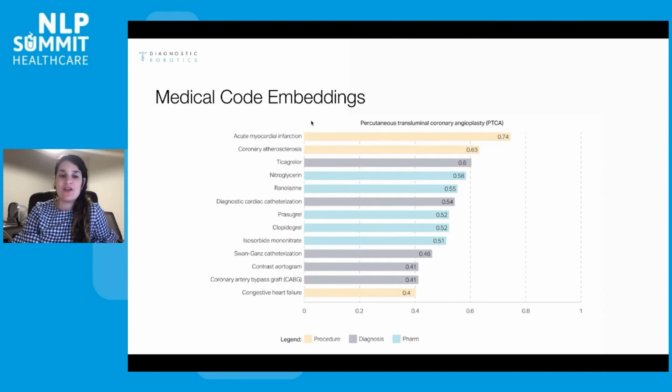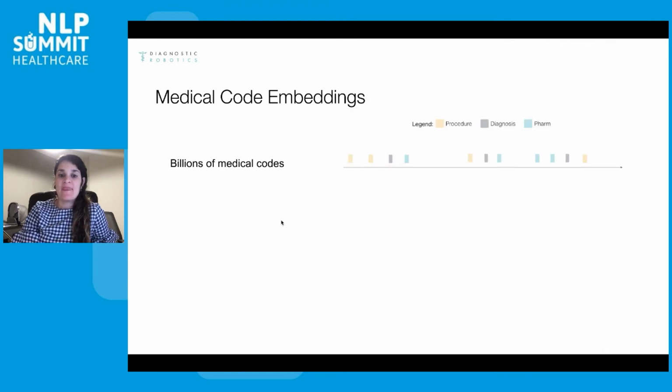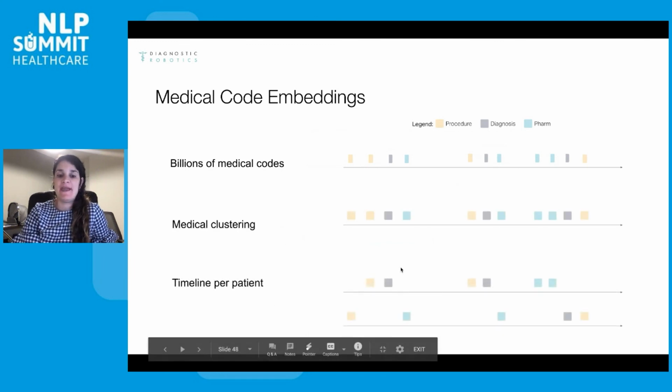The doctors among you can find the relationships between these codes, between these procedures, diagnoses, and medications. And the main idea is to use this medical code embedding to represent the patient.